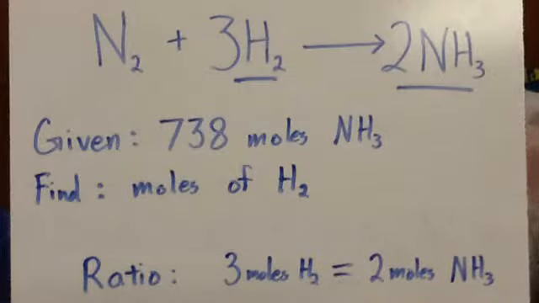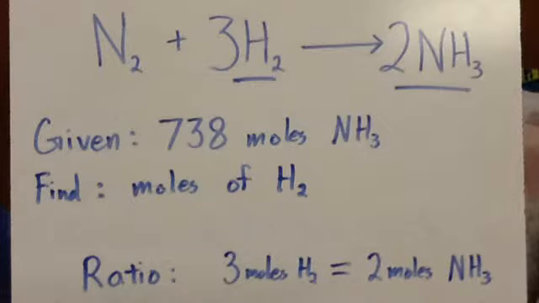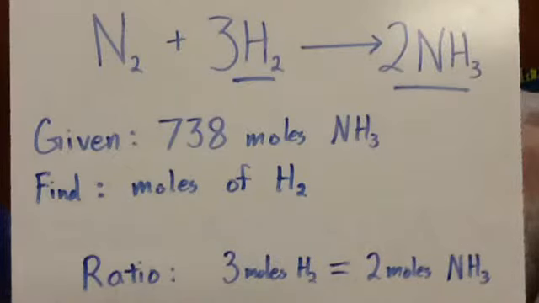And let's remember, a mole is 6.022 times 10 to the 23rd individual molecules of ammonia. So that means we have 738 times that number of individual molecules of ammonia. That's a lot of molecules, so we're going to need a lot of hydrogen molecules to make all of that ammonia.